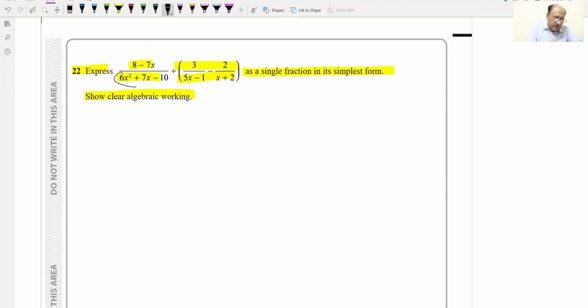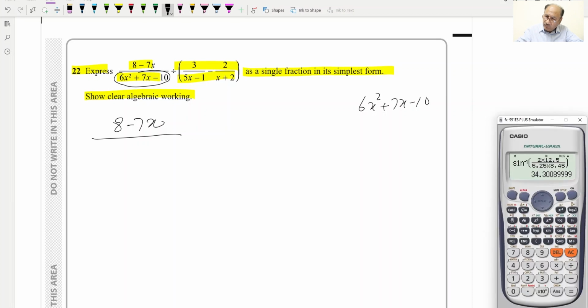We'll be factorizing this lower portion first, so it will be 8 minus 7x as it is, and we can factorize 6x squared plus 7x minus 10. The coefficient of x squared is 6, and then 7 and minus 10, and this will give you 5 by 6 and minus 2.